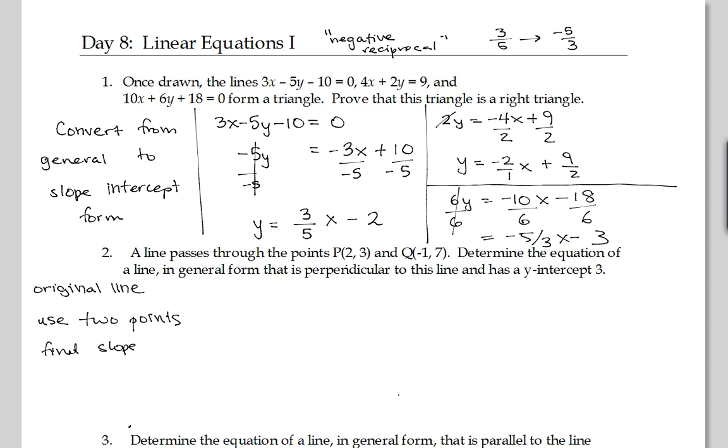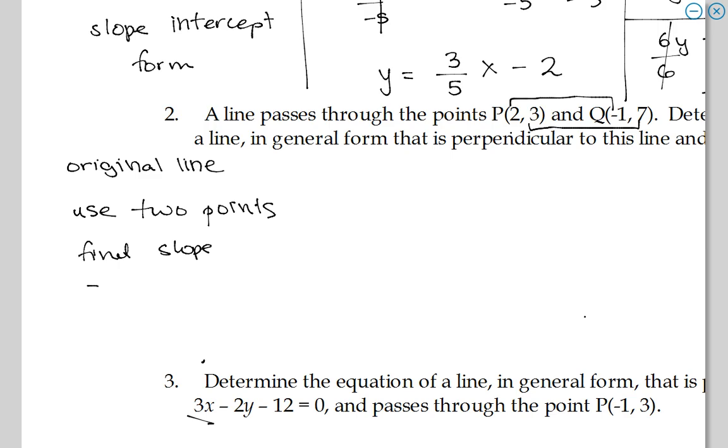I'll have you do that. All right, what'd you guys get for a slope? Four over -3. Now what happens when you have a positive divided by a negative? The whole fraction is negative. Good. So this is -4/3.